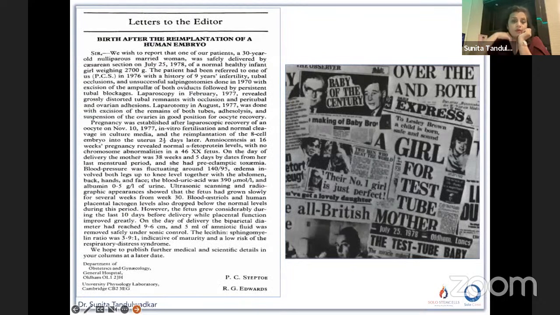We all know that with the birth of the first IVF baby on 25th July 1978, and in the more than 4 decades since, so many advancements in the field of reproduction have happened.